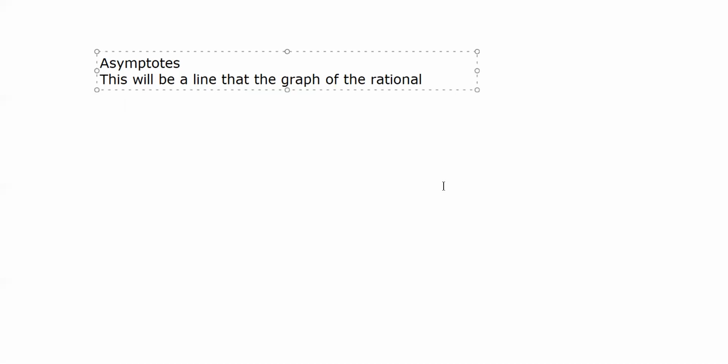Now, an asymptote is going to be a line that the graph of the rational function will approach but never quite touch or cross through.